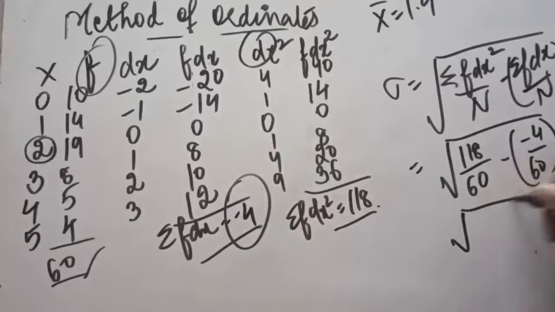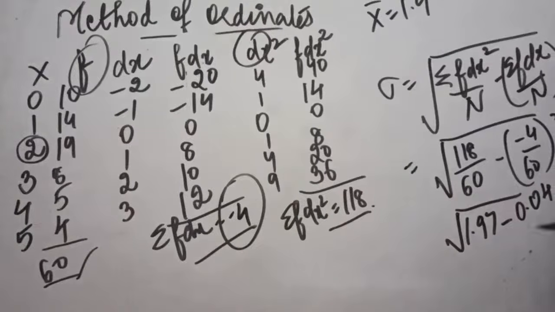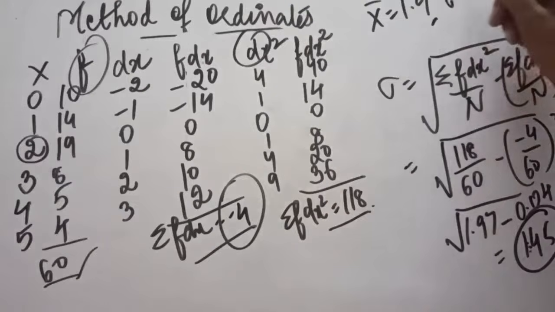Solving this, 118 divided by 60 is 1.97 minus 4 upon 60 square. So 4 4s are 16 and divided by 3600 and squaring it, this will be the answer. The difference is going to be 1.966 and taking its square root, the standard deviation comes out to be 1.45. That is our second step. So our standard deviation comes out to be 1.45.